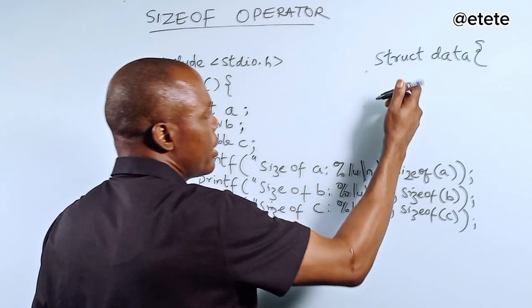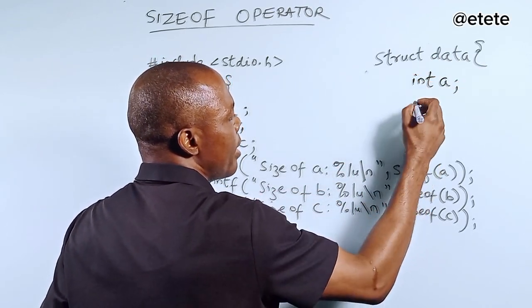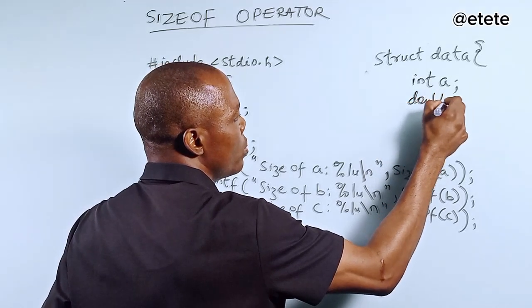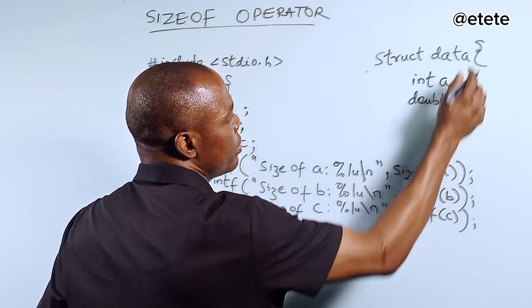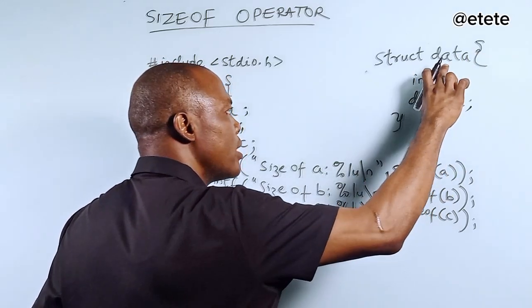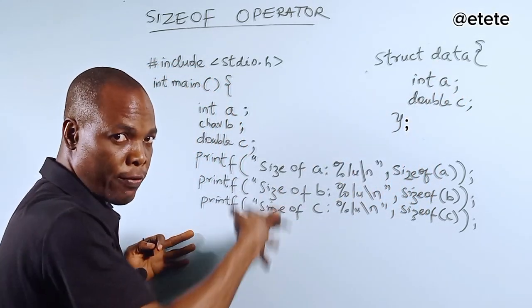Now, inside this struct data, I will say int A, and then I will say double C. Then I will close this. Now, this is what I have written. I should have written it here, but because of the space.